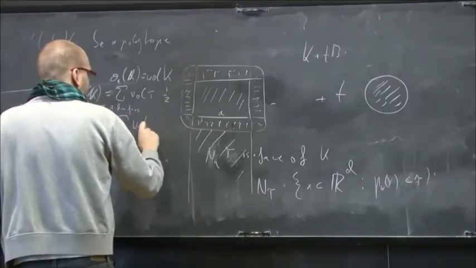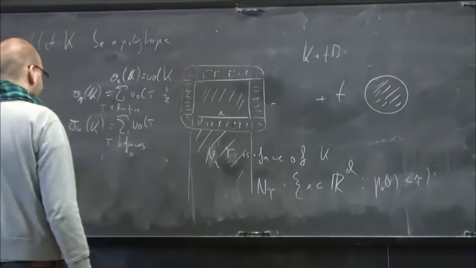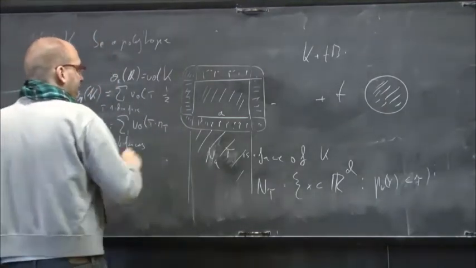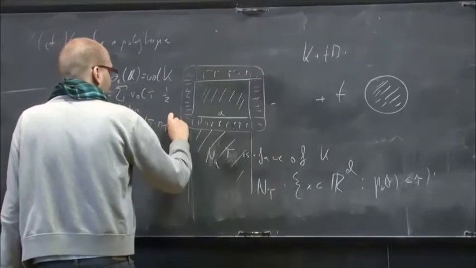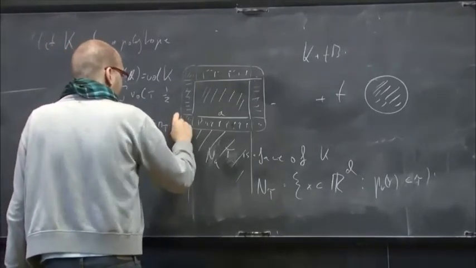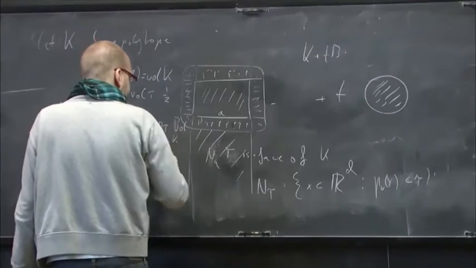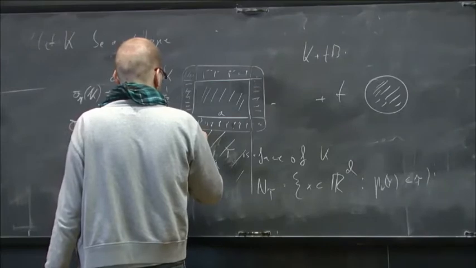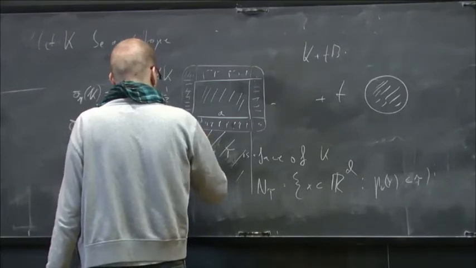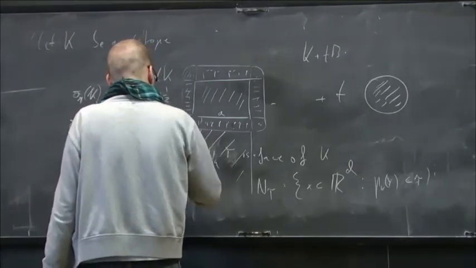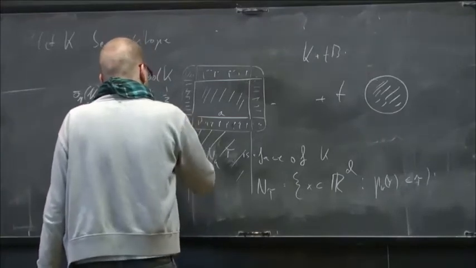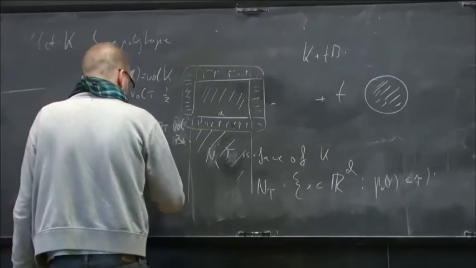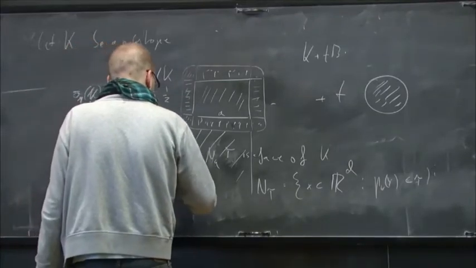Then I take the sum over the volume of the k-faces times what I call the normalized angle at the face, and times the volume of the k-dimensional unit ball, volume of B_k, where B_k is the k-dimensional unit ball.